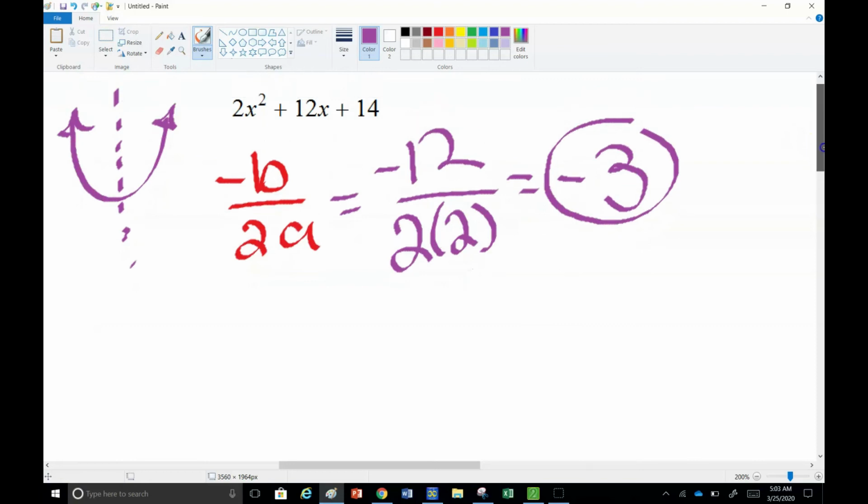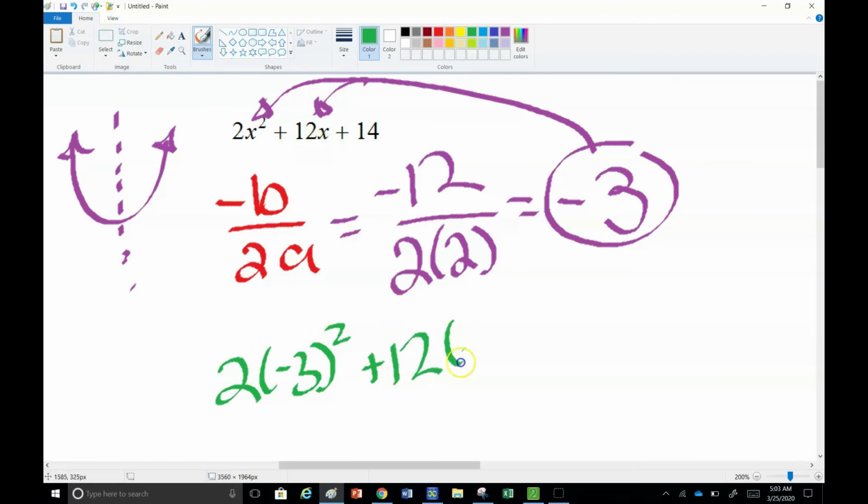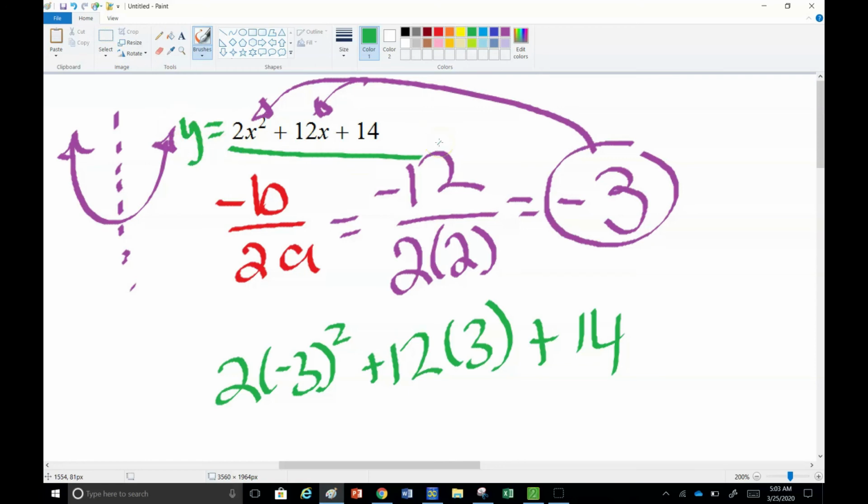Now I'll take that answer that I just got, and plug it in to the original equation wherever there's an x. So instead of 2x squared, it becomes 2 times negative 3 squared plus, and instead of 12x, it becomes 12 times negative 3 plus 14. This is how I'm going to find the y value of the vertex, because this is essentially y equals something, and I figure out exactly what the y value of the vertex is by plugging this negative 3 in for x.